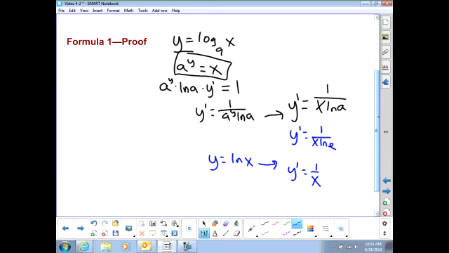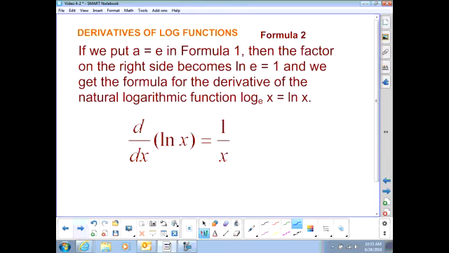And that's the one that we'll use most frequently. Again, if your base is e, log base e of x, well, when you do that natural log of e, that just becomes a 1, giving you 1 over x for your derivative. And we will use this hundreds of times this year, so this is an important result.